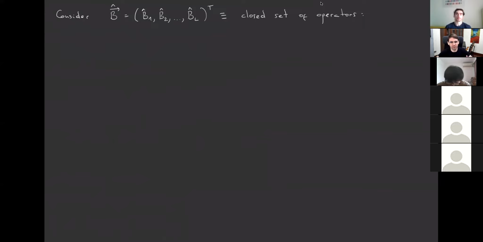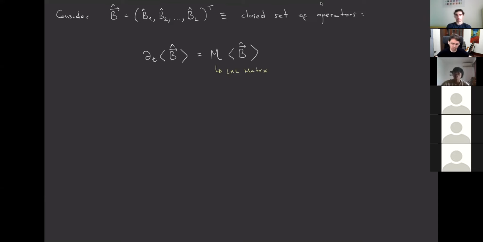And what does it mean that it's a closed set? It means that if you evaluate the evolution equation for the expectation value of these operators, they form a closed set of equations. So you can write it as some kind of linear system like this, where this object here, of course, will be an L times L matrix.